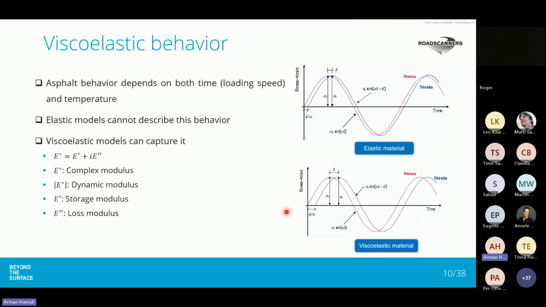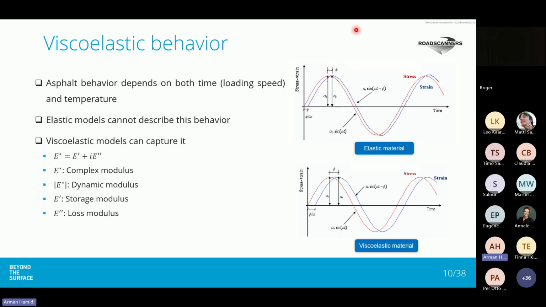They are viscoelastic materials. And if I want to simply explain it, when we apply a sinusoidal load to an elastic material, we have stress and strain curves, and there is a lag distance between maximum stress and strain. But in a purely elastic material, this lag distance, known as phase angle, is 0.